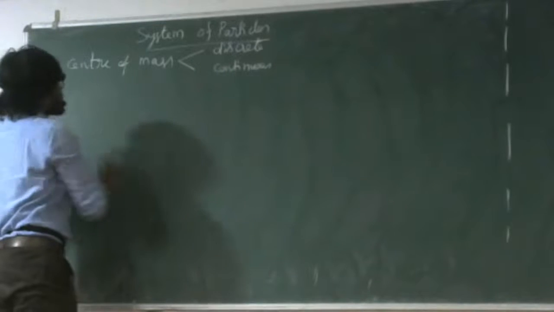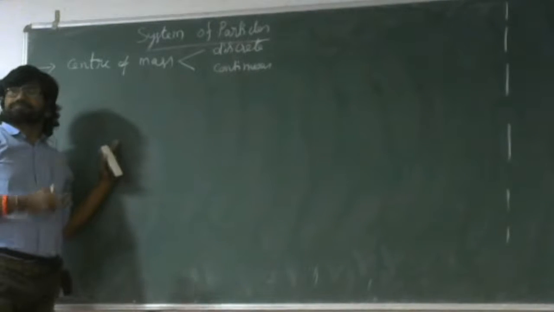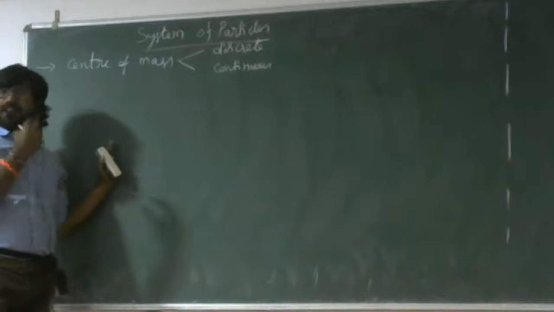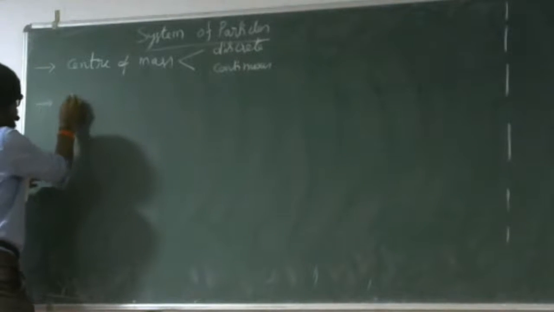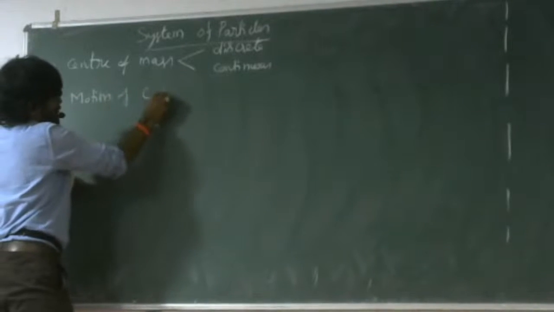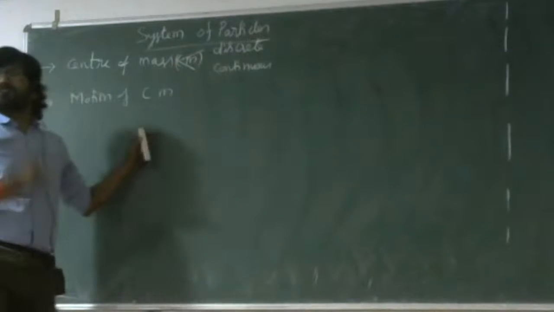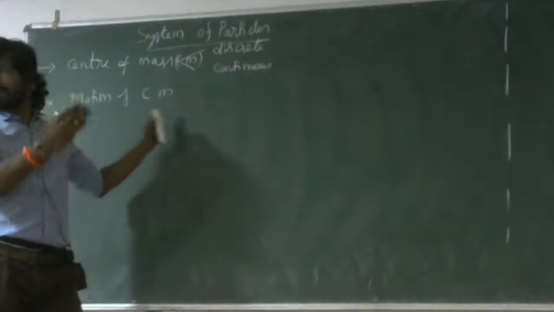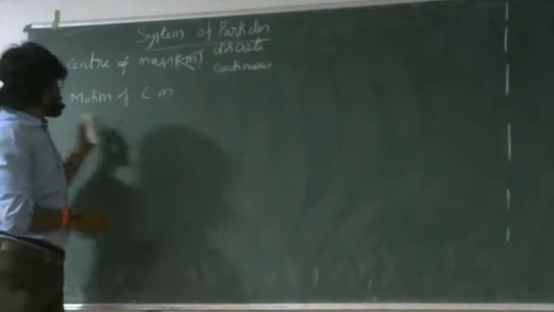And also under this we will discuss about how to calculate the parameters related to motion of center of mass. Motion of center of mass we will denote in short with CM. Some books will give you COM, center of mass.